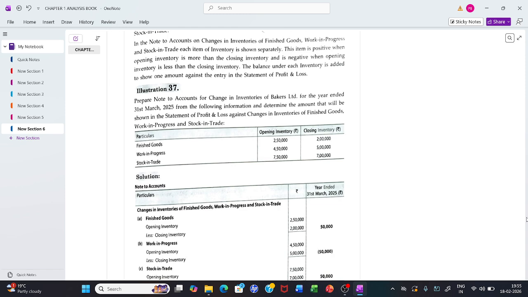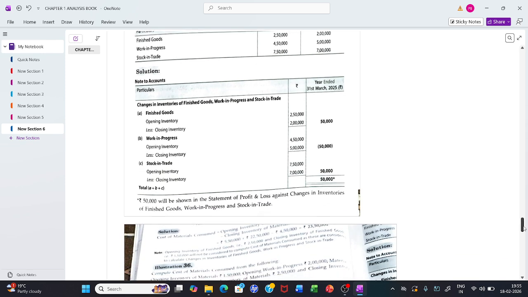Opening 2.5 lakh of finished goods minus closing 2 lakh would give you 50,000. In the second one, opening 4.5 lakh minus 5 lakh would give you minus 50,000. In stock in trade, 7.5 lakh minus 7 lakh gives you positive 50,000. So two positives of 50,000 and one negative of 50,000 give you an answer of 50,000 rupees.